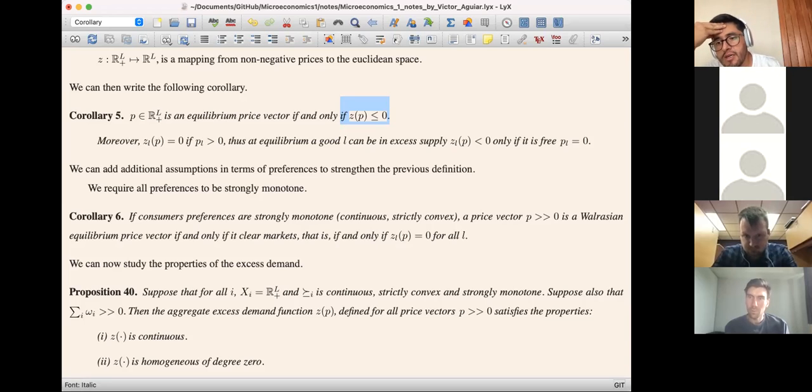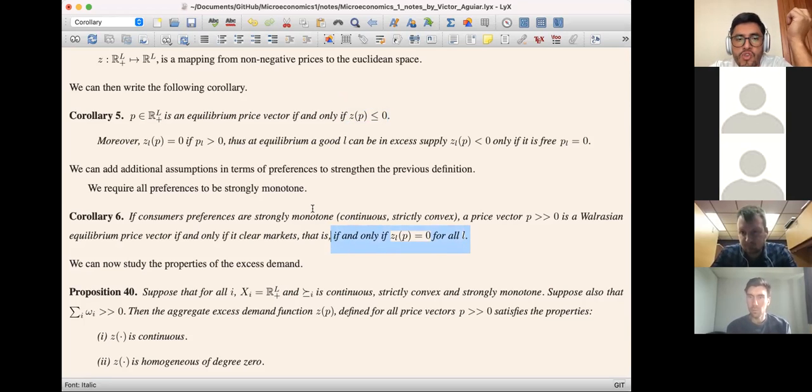Essentially, this is a system of equations where you have exact market clearing. There is no excess supply. In real life, it's very hard to study markets where there are free goods, so people usually don't study them much. It would be a very special, weird case. So for all practical purposes, this thing is what matters, right? But this happens under strong monotonicity.